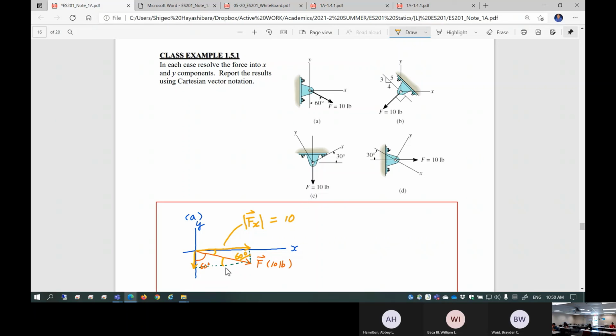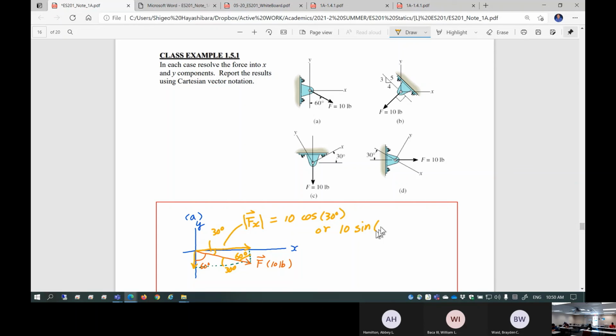That's right, and that means this is also 30. I said that it's the cosine of that angle times the hypotenuse length. That's right. So this is 10 times cosine of 30, or 10 times sine of 60.